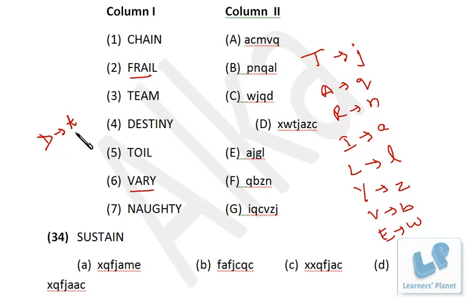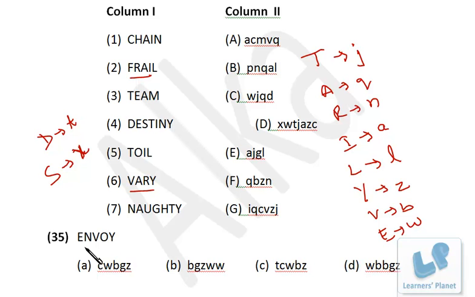So D we already found the code for, that is T. Now we are left with S, so S must be X. And we are having 2 S's over there, so our option must be having 2 X's. So this is not correct, this is not correct, this is not correct, this is the correct choice. And simultaneously we got the code for S, that is X.